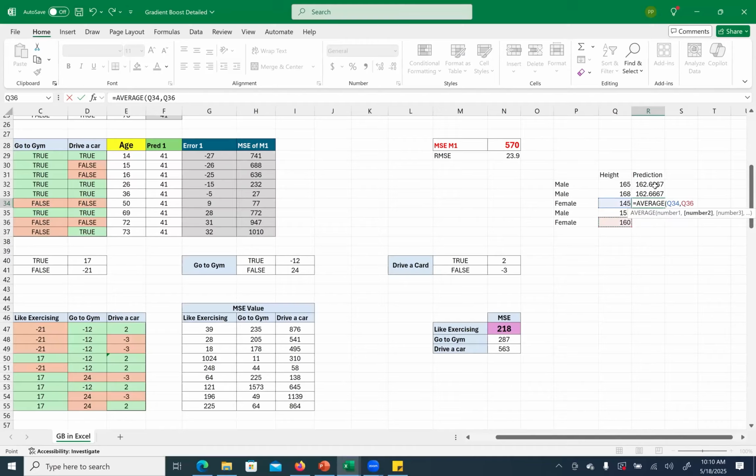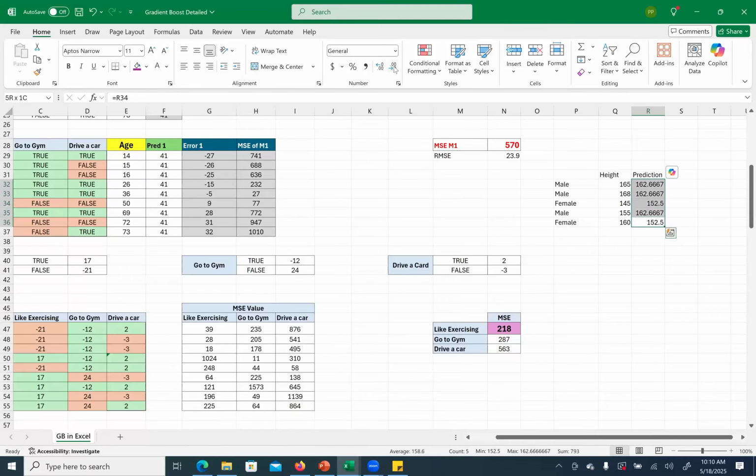So whenever the input variable is categorical and my target variable is continuous, this is how the prediction happens. Any doubt here?